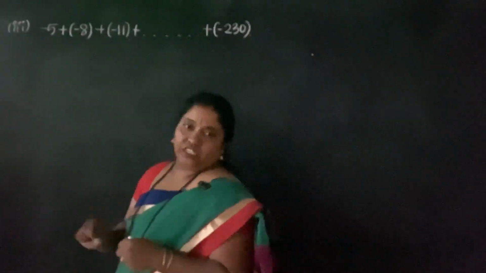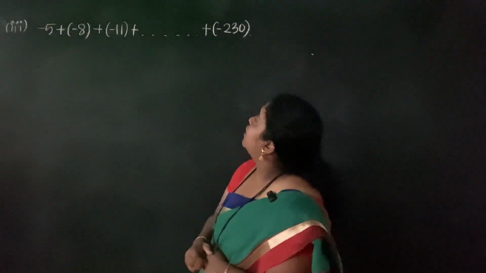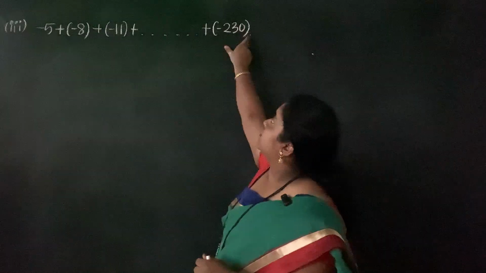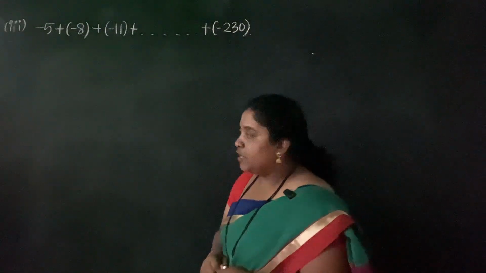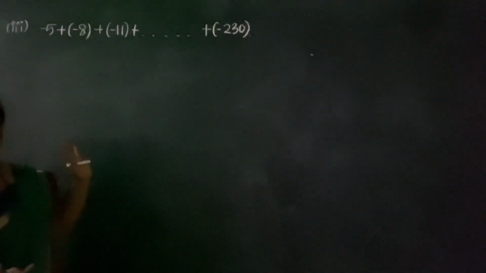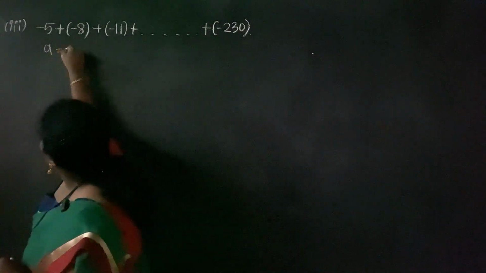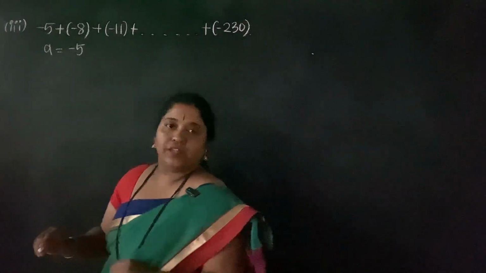Okay, the next question is, see, minus 5, minus 8, minus 11, up to the last term, minus 230. So the same thing, dear, the procedure remains the same. I need to work out the N value, and after that I need to go for the sum. Now when you know the question, you can directly write the A value, that is minus 5, isn't it?